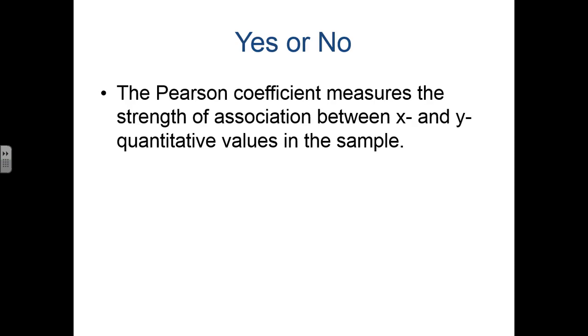So think about this for a second. The Pearson coefficient measures the strength of an association between x and y quantitative values in the sample. Do you think the answer to this is yes or no? Take a minute. Think about what we've just been talking about.